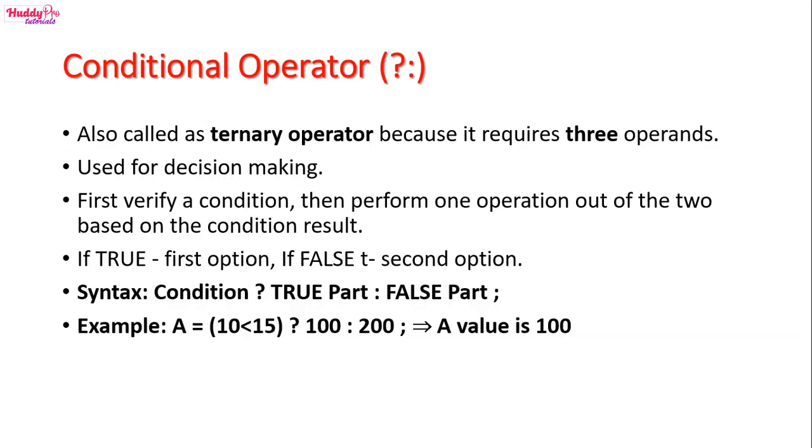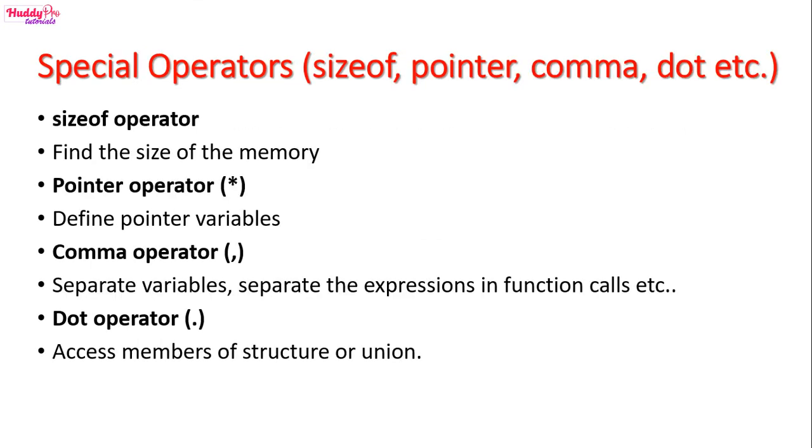Okay, let's continue, friends. We have what we call special operators in C. These special operators include the sizeof operator, pointer operator, comma operator, and the dot operator. We will do more research and see how they are used, but I'm going to talk about them briefly.